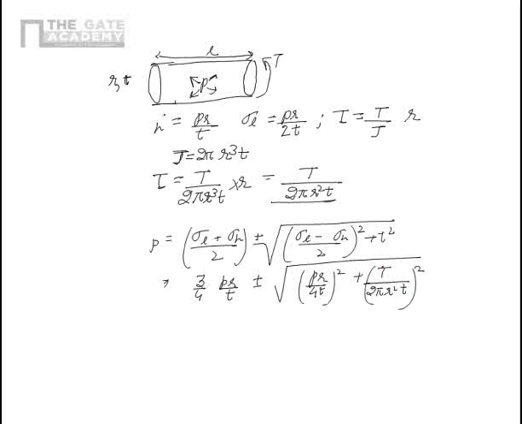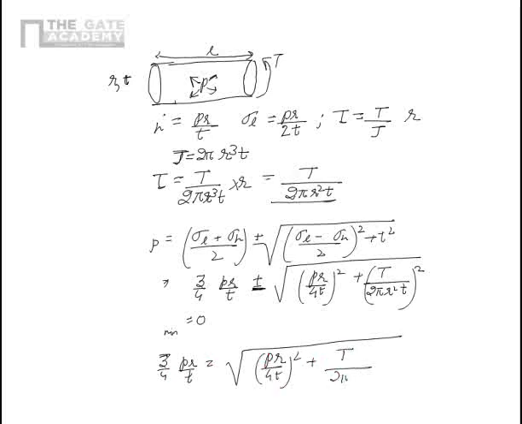Now if I am given the condition that sigma P minimum is equal to 0, which means this minus sign, the term which is 3 by 4 PR upon T minus this square root thing is equal to 0, I can put that here is equal to square root of (PR by 4T) square plus (T upon 2 pi R square T) square.